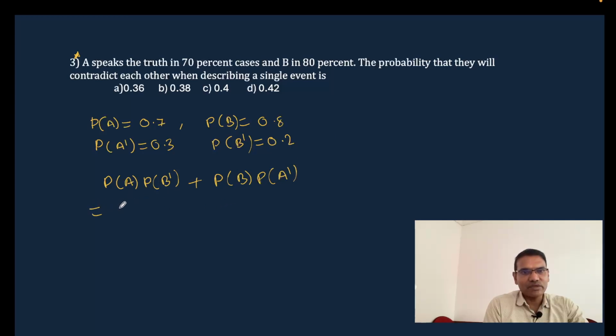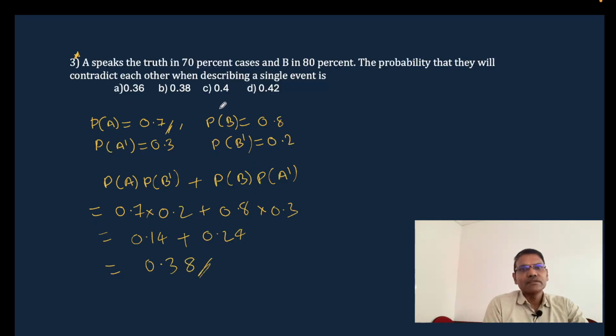Now this value will be 0.7 and P of B dash, that is 0.2, plus 0.8 and P of A dash, that is 0.3. Now multiply: 0.14 plus 0.24. Now add those two: 0.38. So 0.38, that is option B.